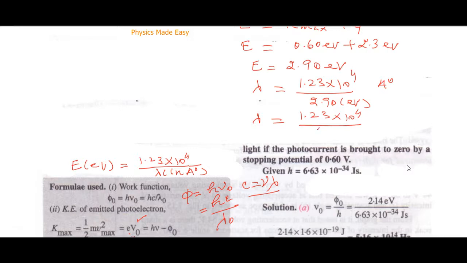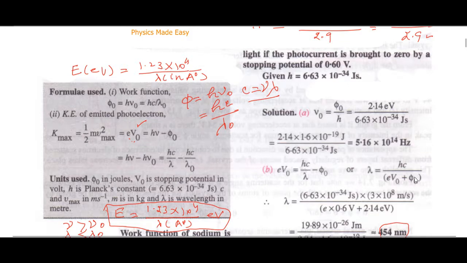This is not 3, this is exactly 2.9. So if you do the calculation, it is 12,300 divided by 2.9. From here you can find out the value of lambda. This is roughly 3, so its value is roughly more than about 4,000 angstroms. So these are rough guesses. In this way you can find this.